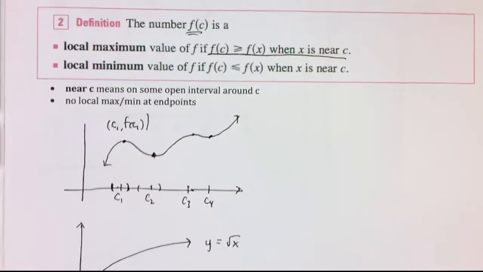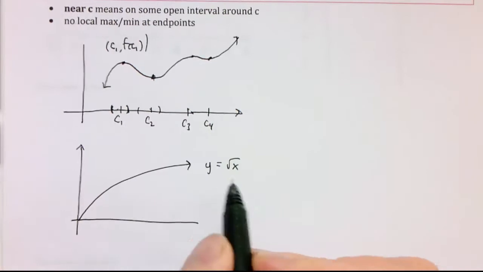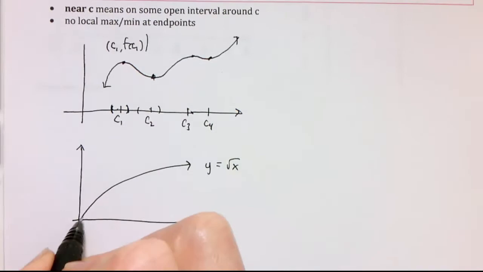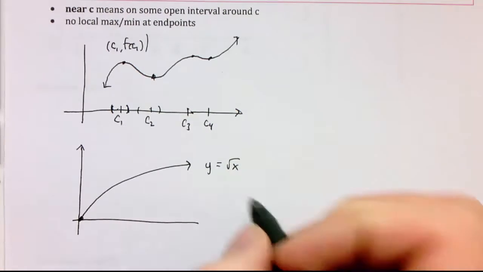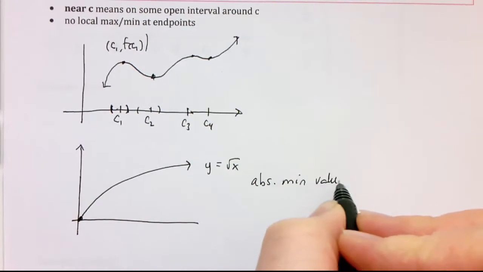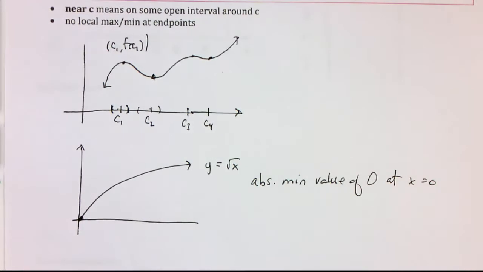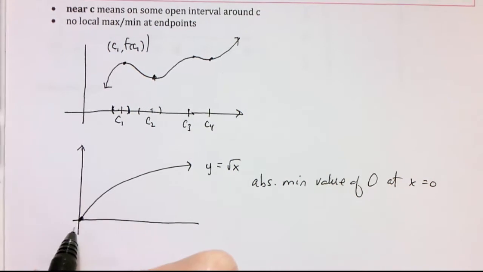All right. What doesn't happen is the local maxes and mins don't occur at endpoints. So for instance, y equals square root x. Right. This has an absolute minimum value of 0 at x equals 0. But we don't say that this is a local minimum because it occurs at an endpoint. Right? It's not the smallest guy around on some open interval containing that point. Right? There are no points over here that I can use, only points over here.